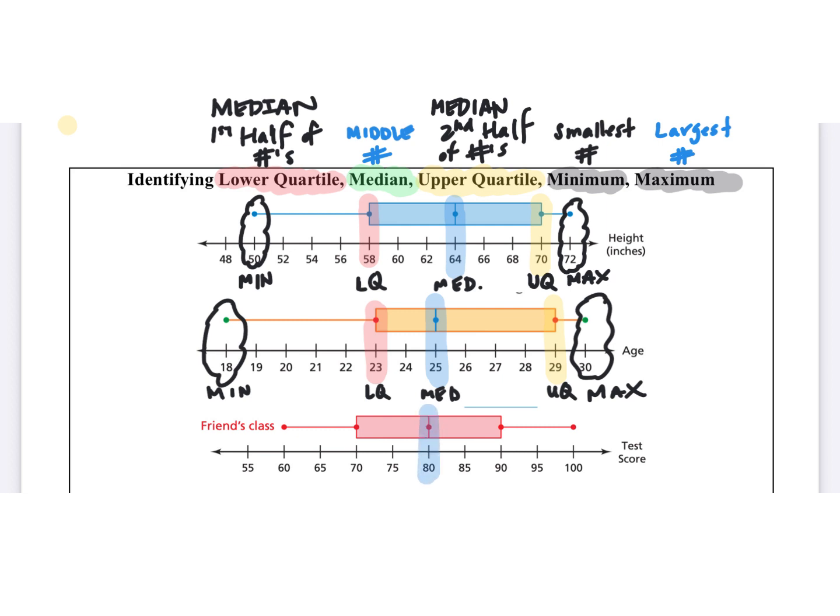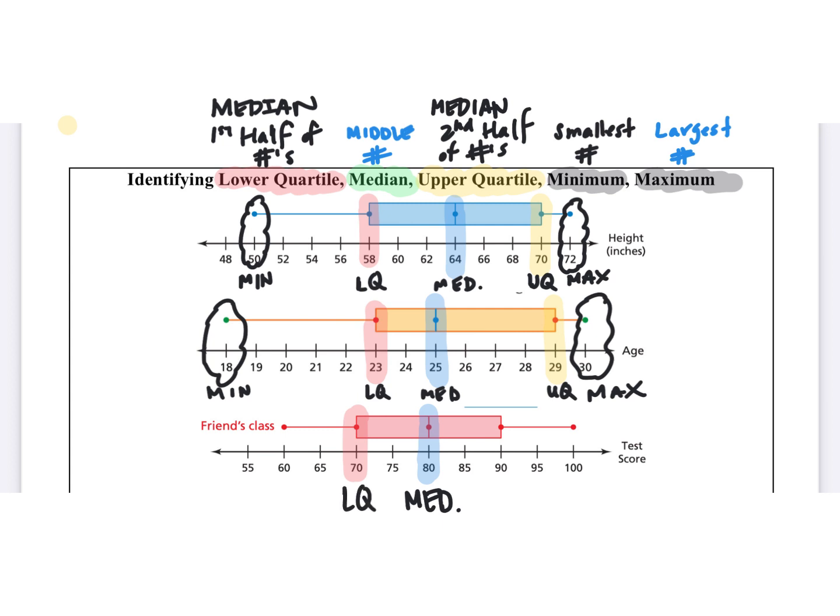So you should have deduced that your median would be 80 because that's the middle number, okay? It's that middle line in the box plot. Also, our lower quartile, or the median for the first half, is 70.